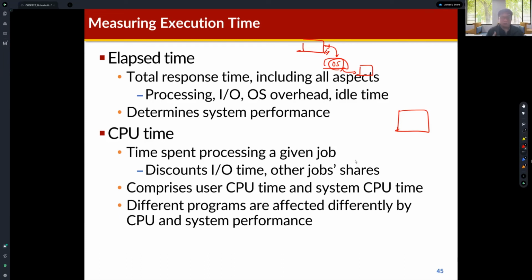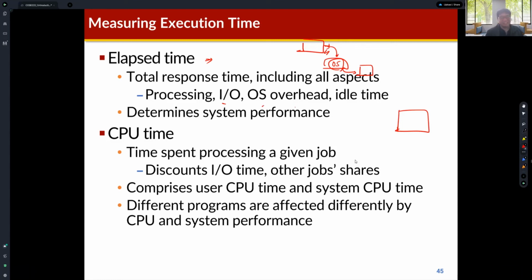So it's very difficult. The elapsed time is the actual real performance in a computer system, but we cannot compare the performance of two processors fairly if we just measure the elapsed time on a certain computer system, because this elapsed time is influenced by many factors.